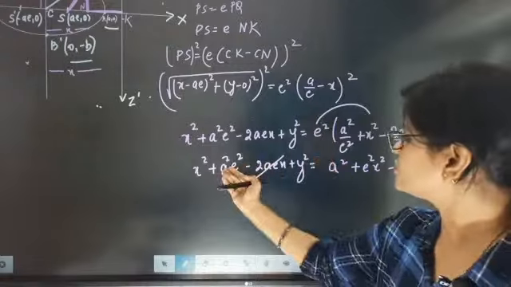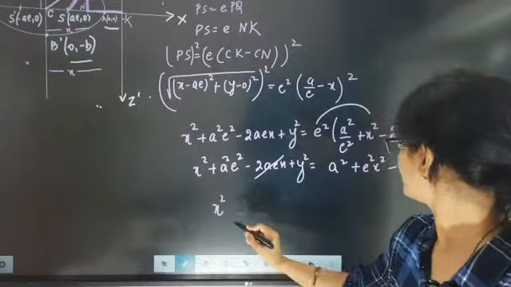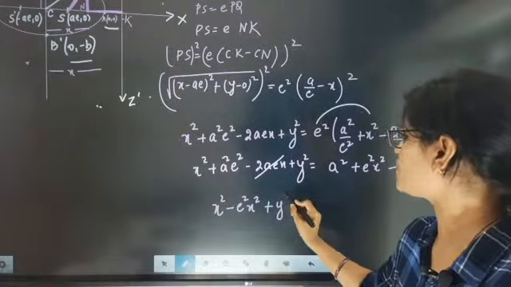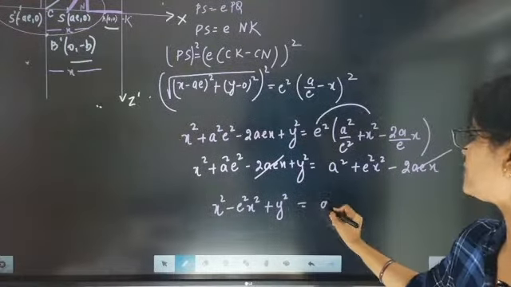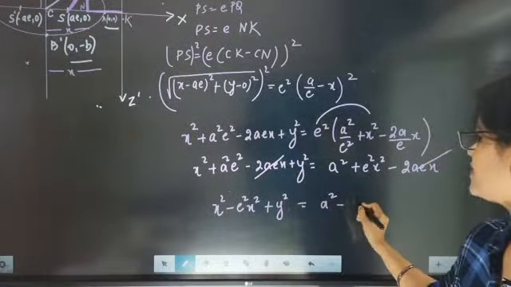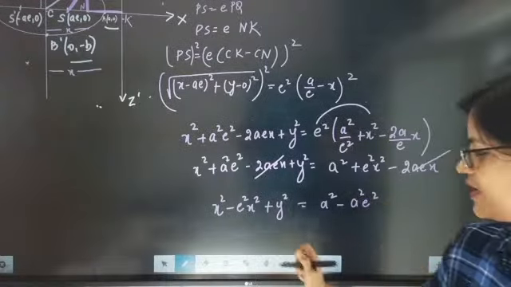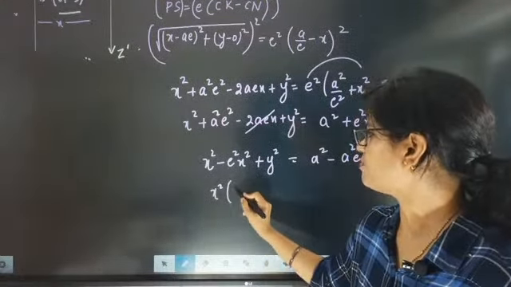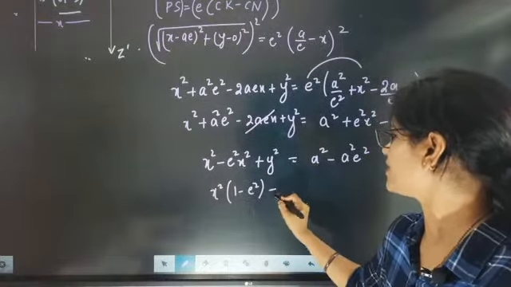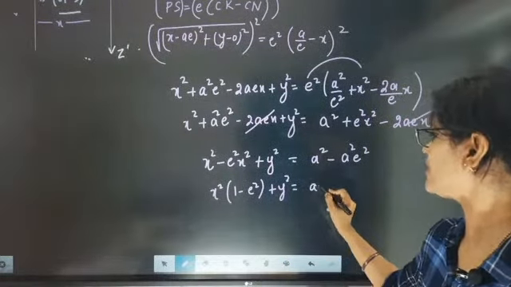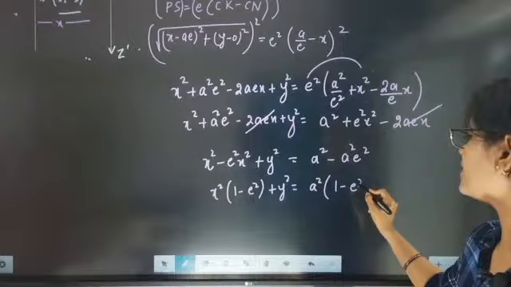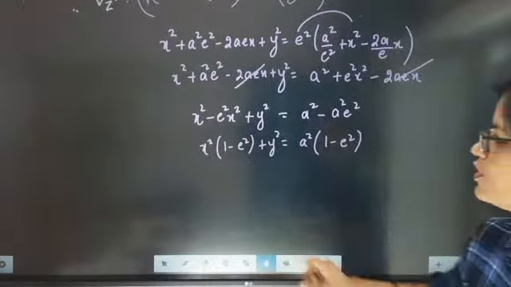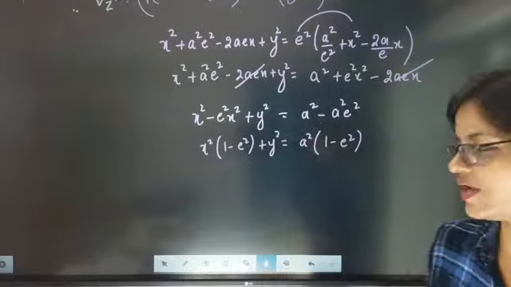Now we are going to shift it that side. So x square minus e square x square plus y square, and I am going to shift this a square e square this side. So now I have got one simple thing. When I took x square common, I am getting 1 minus e square plus y square equal to, when I am taking a square common, I got 1 minus e square. So I am going to divide both sides by a square e square. Fine.